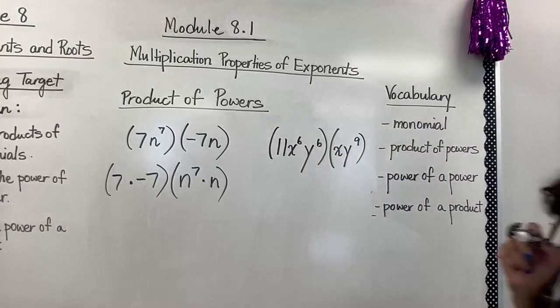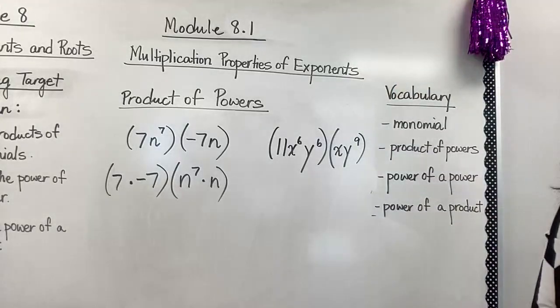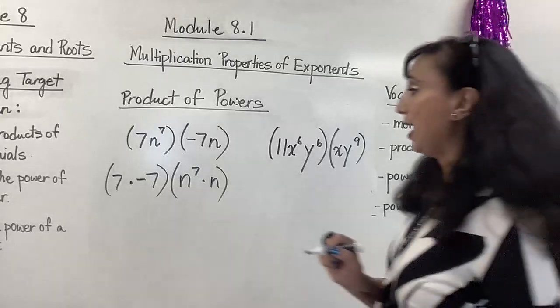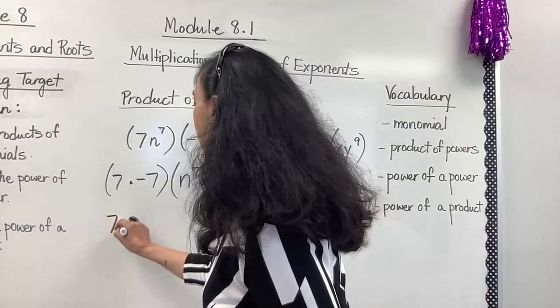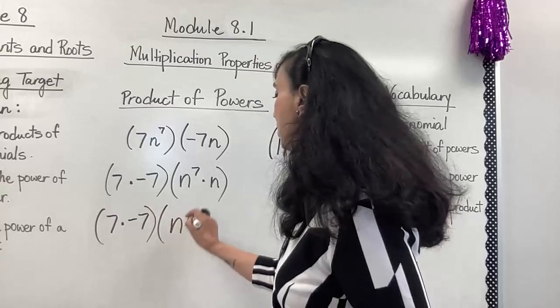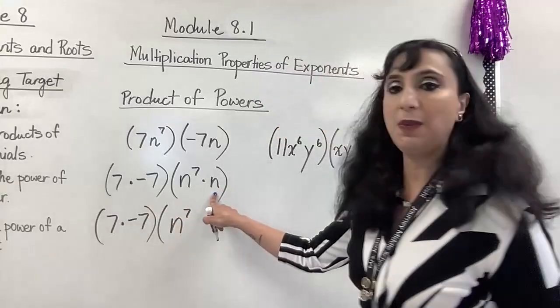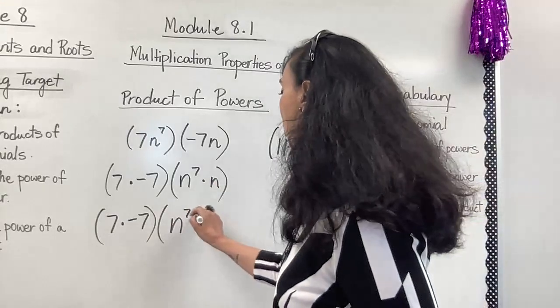Okay, and so now we are going to use the product of powers property, and we are going to say again 7 times -7, and then I have n to the 7th power, and this means that it is 1, right? And that's why it is n, so plus 1.